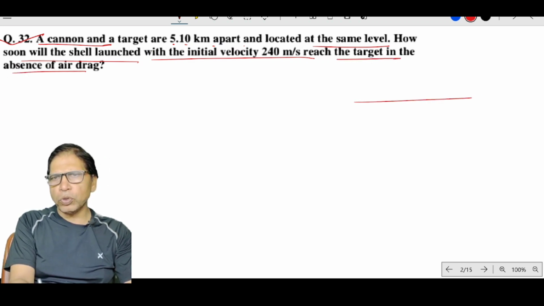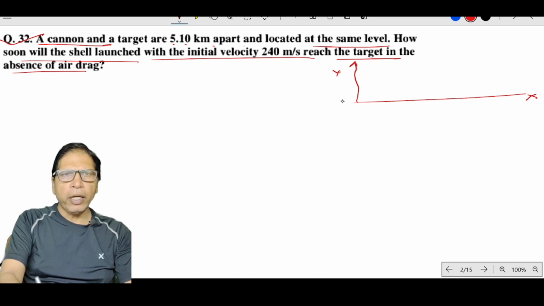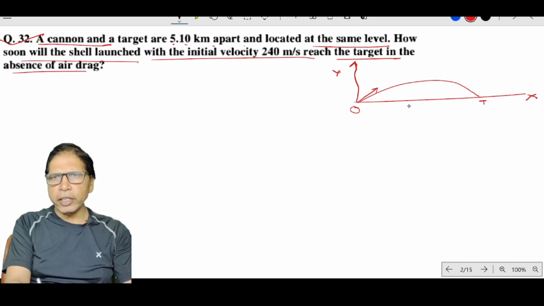Suppose this is the x-axis, the horizontal surface, and this is the y-axis, the vertical. The cannon is projected along this direction, this is the trajectory, this is the position of the target, and this is the initial position of the cannon. This distance is 5100 meters.